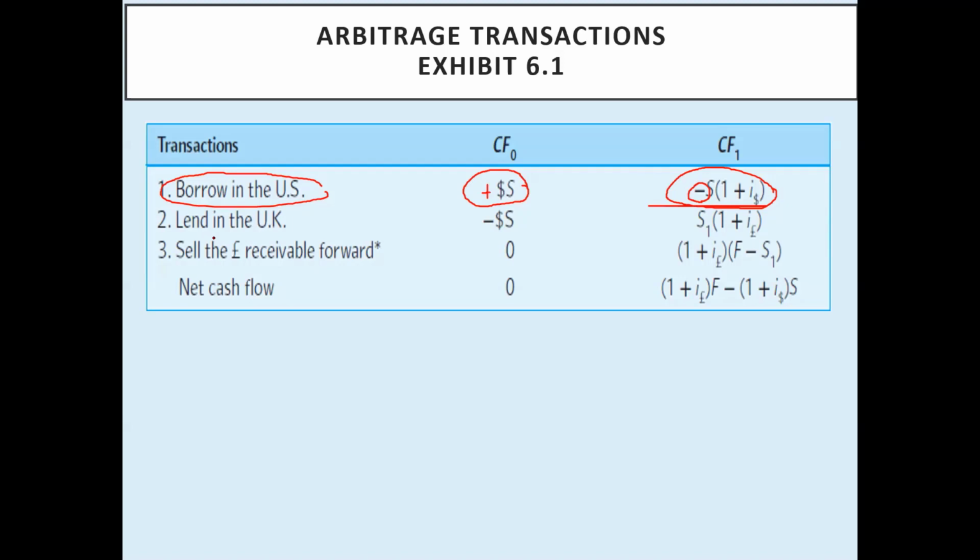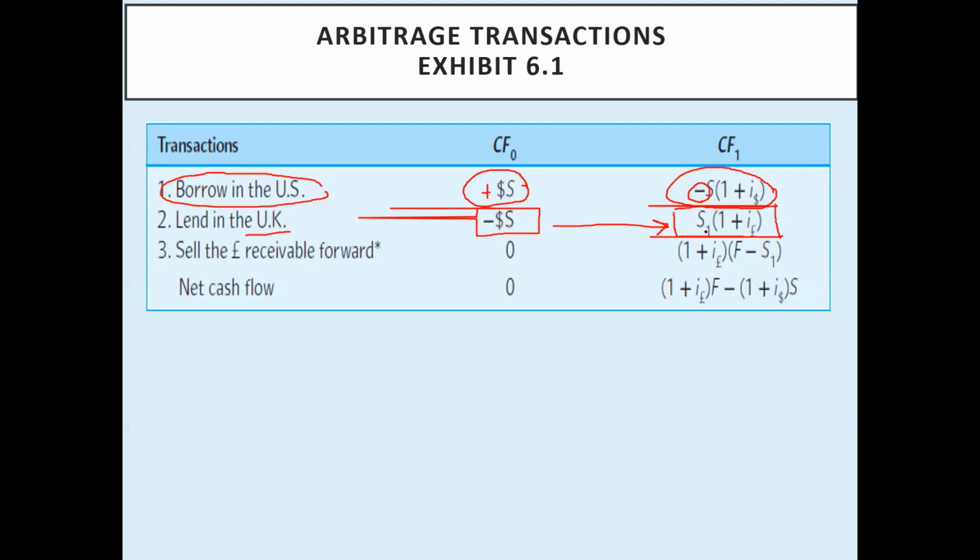In step 2, I'm going to be lending in the UK, where the interest rate is a bit higher. So if we think about lending in terms of cash flow, at time 0, when I lend money to people, I need to give them money. So this is a negative cash flow, okay? In contrast, when the loan matures, say after 1 year, I expect to receive money back from my borrowers.